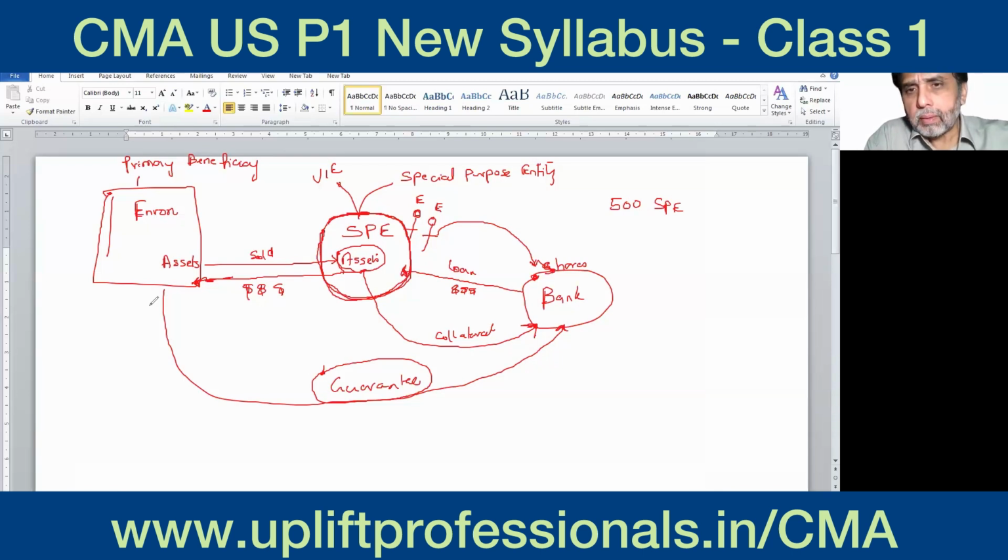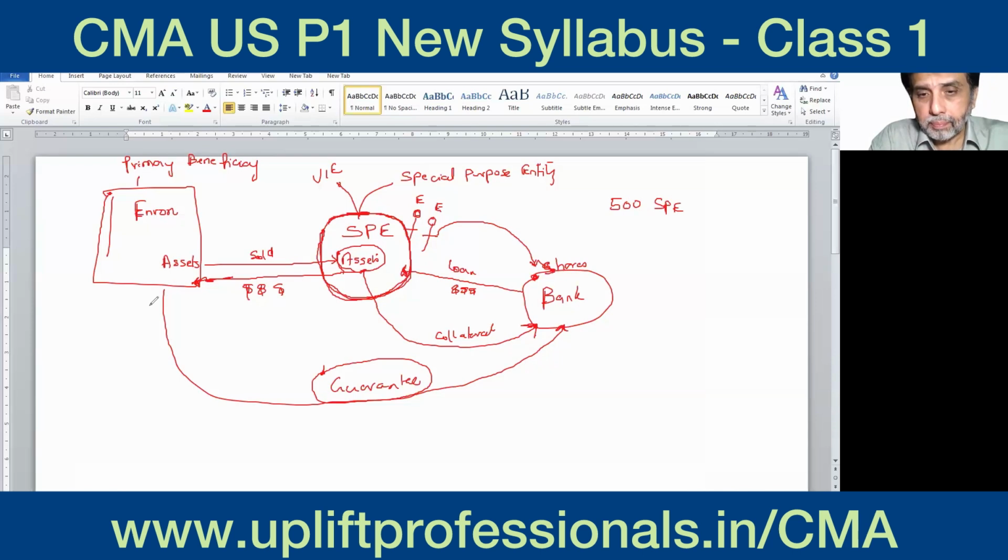Even now, special purpose entities do exist, but full disclosures have to be given about them. And also, if they are not consolidated, the reason why they are not consolidated should be given in the notes of the accounts. Along with that, any off-balance sheet financing or any other subsidiaries which have not been consolidated have to be disclosed, along with the reason why it is not being consolidated.